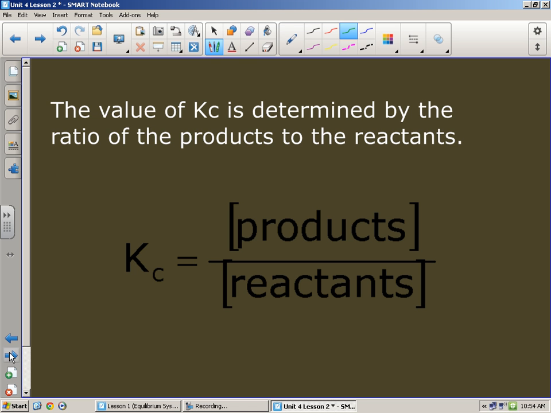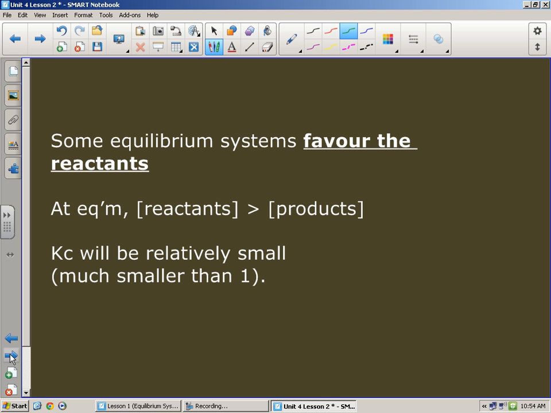Three things can actually happen here, okay? Some equilibrium systems will favor the reactants. At equilibrium, the reactants are much larger than the products. So Kc will be relatively small in this case. If you think about Kc, it's products over the reactants.